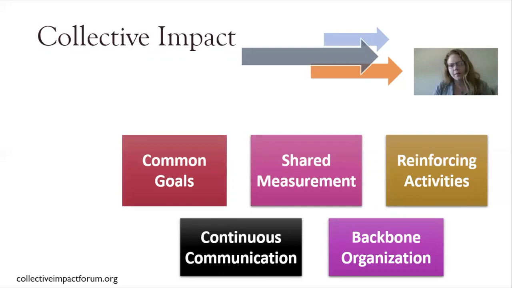So this is a process that I shared in a video earlier about how we get many organizations working together. And so they have 5 principles of having a common goal, shared measurement, reinforcing activities, continuous communication amongst the group, and then a backbone organization of how you go about convening and structuring the process.